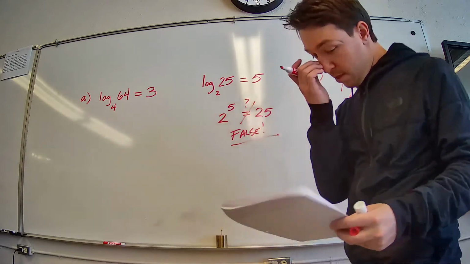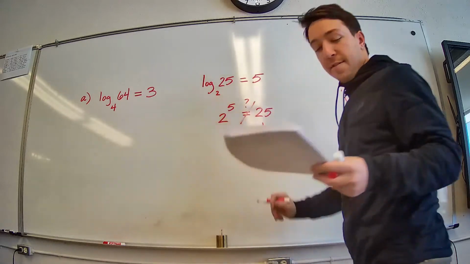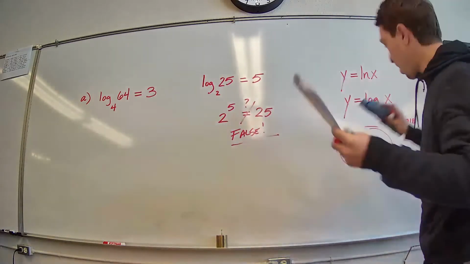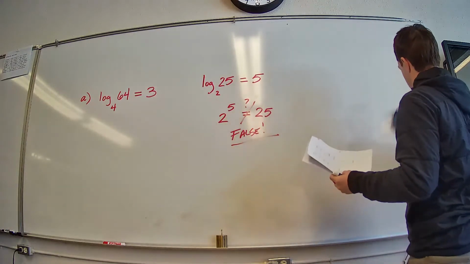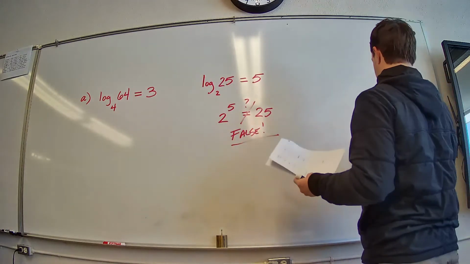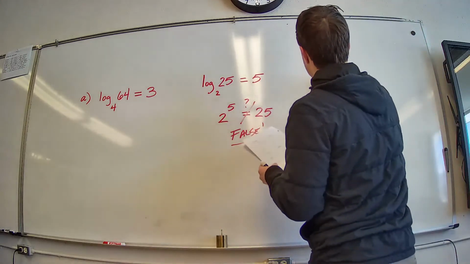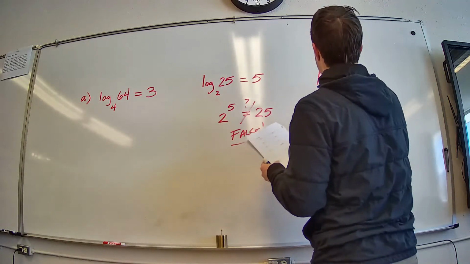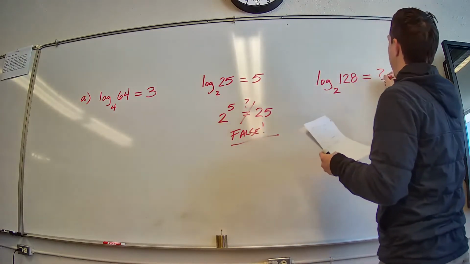And then for 6, don't use a calculator. None of these need a calculator. They're all very, very basic calculations. So when you say evaluate, what you're asking is log base 2 of 128 is what?